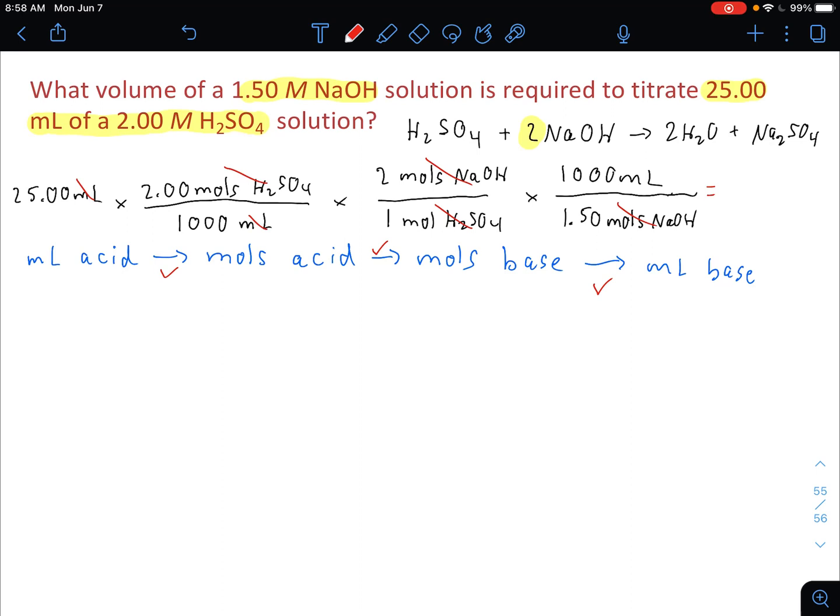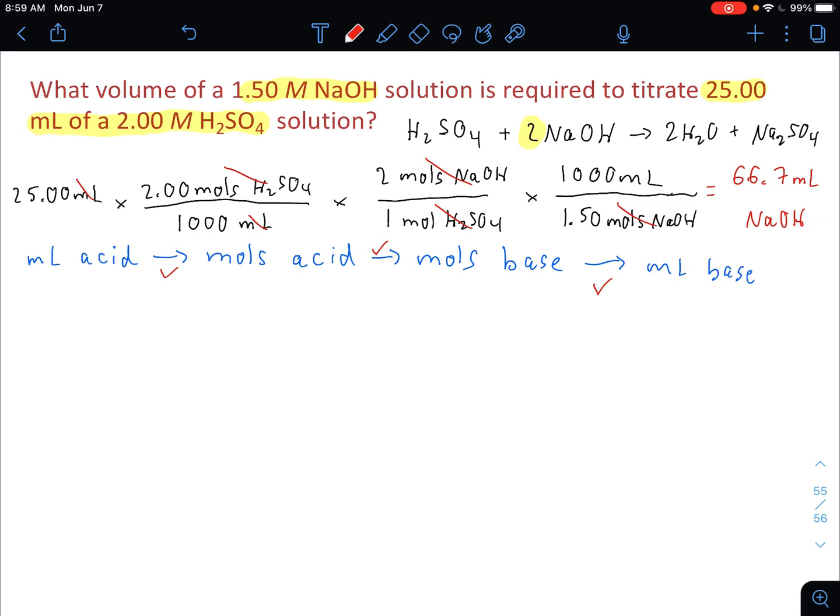Let's see. 25 times 2 divided by 1,000 times 2 times 1,000 divided by 1.5. 66.7 milliliters of this sodium hydroxide solution.